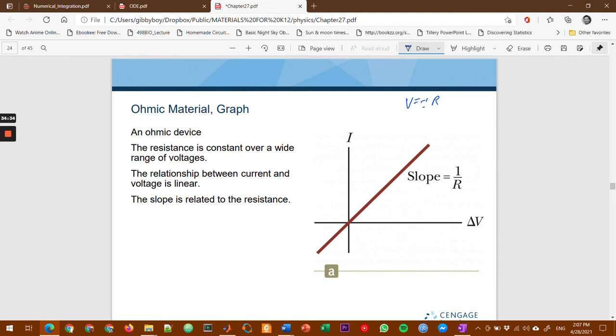So usually mo man ni ato ang mo input, di ba? We have voltage. Mo increase nimo ang voltage or battery, unsay current reading. And then for that material makuha nimo ang ihang resistance or ang slope niya. This is in this case I equals V over R, okay? Or V equals IR.